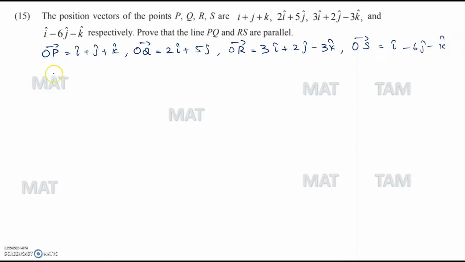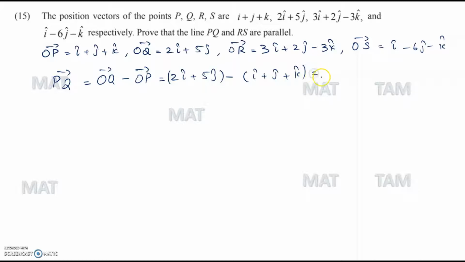So let's find PQ vector. Vector PQ is equal to OQ vector minus OP vector. So substituting the values, 2i cap plus 5j cap minus OP vector, which is i cap plus j cap plus k cap. So your resultant vector will be i cap plus 4j cap minus k cap.